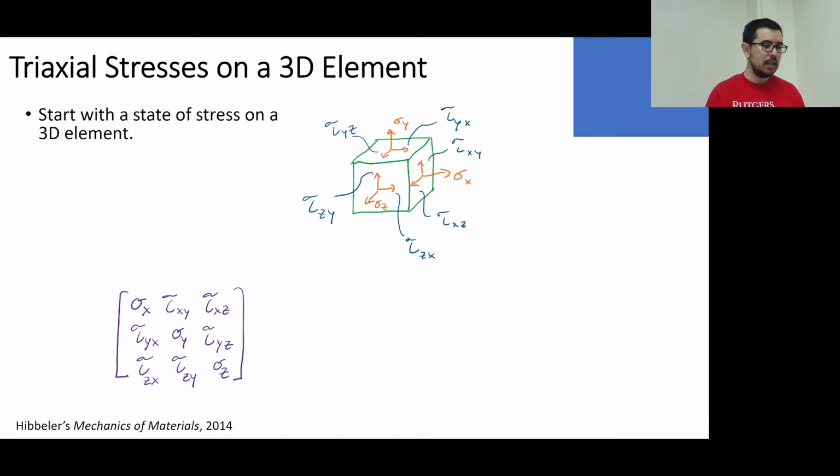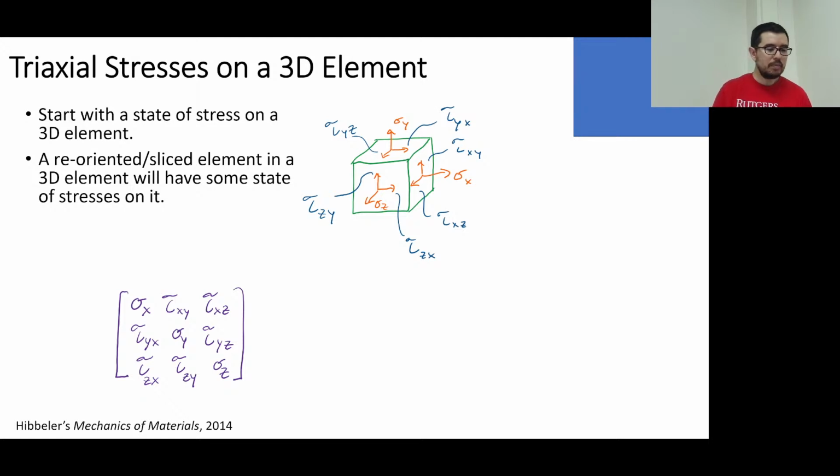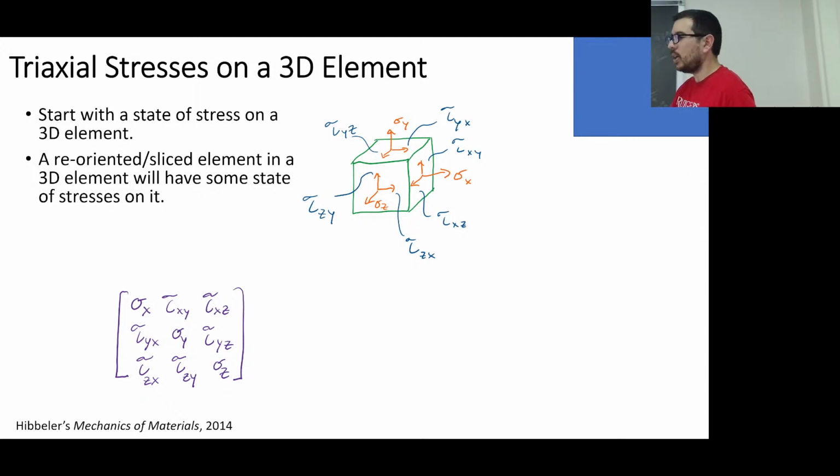All right. Then we think, all right, we need to reorient this element in some way so that we can predict a new state of stress. Okay, and we got some tools for doing that. And if you have a tensor, quite frankly, the easiest way to do it is to use that R. Do you remember this?